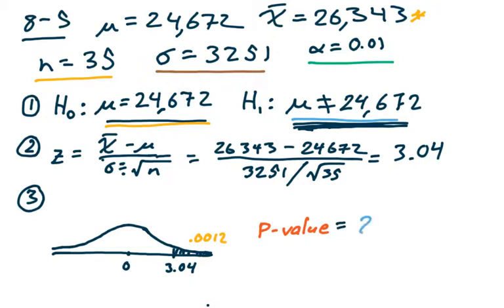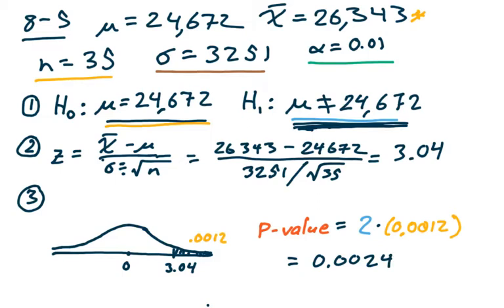So that's where the 2 comes from. And we'll plug in this 0.0012. So our p-value works out as 0.0024.